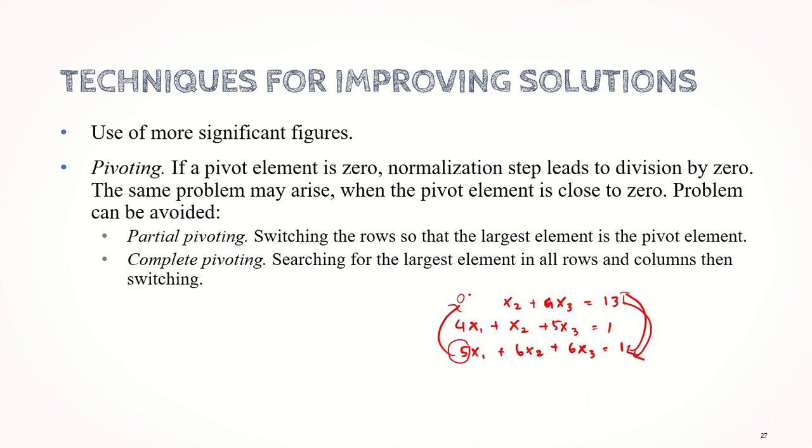If it's a big number of equations, then we're going to have complete pivoting, where we search for the largest elements in all rows and columns, then we switch it all together. We're not going to do this in this course because it's quite complicated for you to comprehend, but it's good for you to know about this.